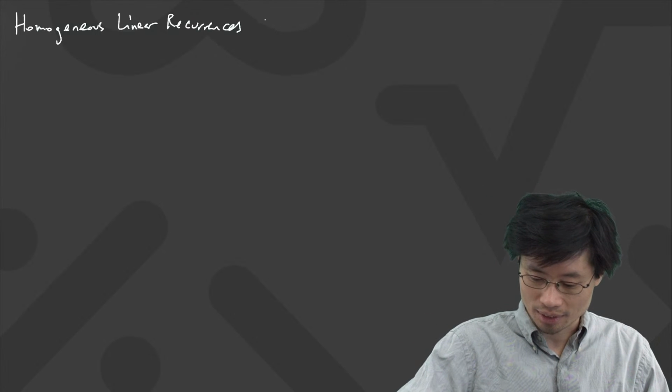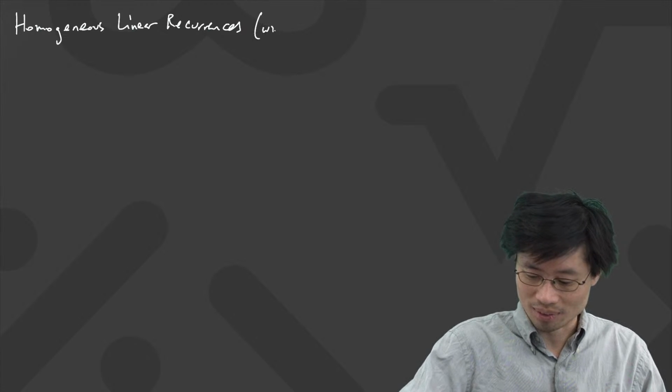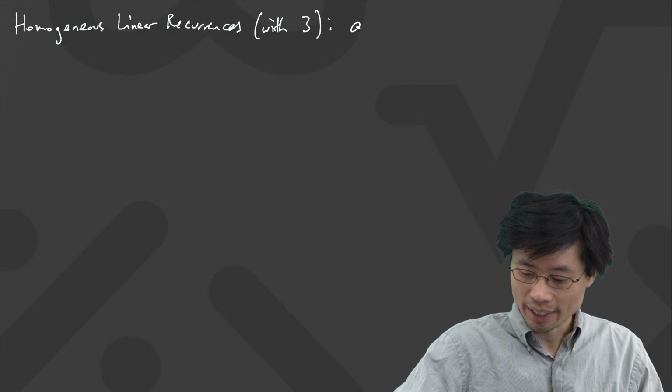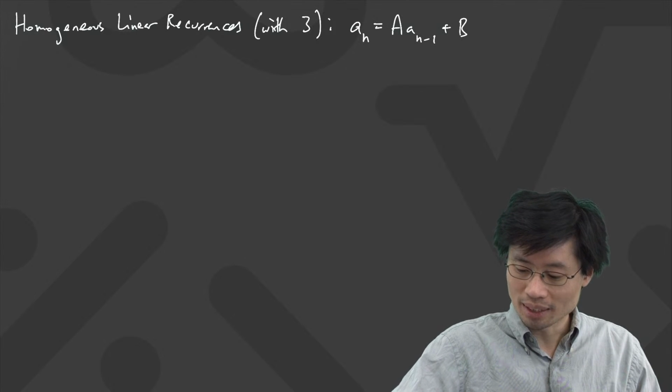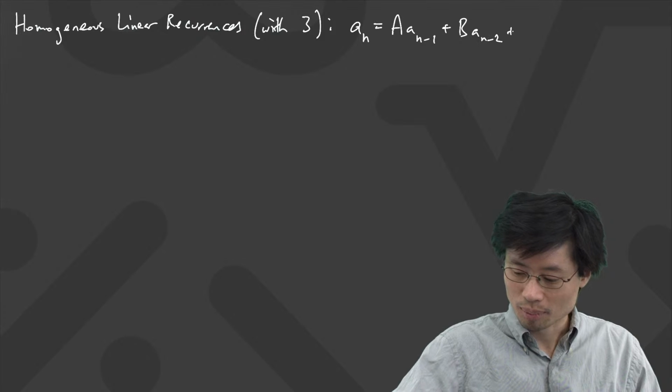I'll just write it with 3. Okay, with 3, let's try this one. A sub n is equal to capital A times a sub n minus 1 plus capital B times a sub n minus 2 plus capital C times a sub n minus 3.